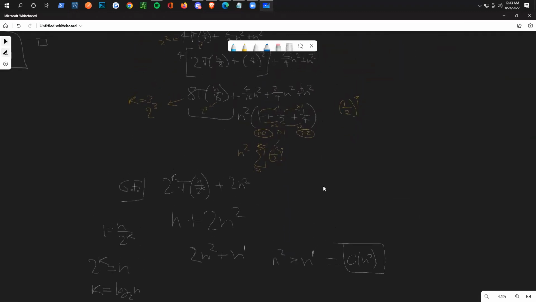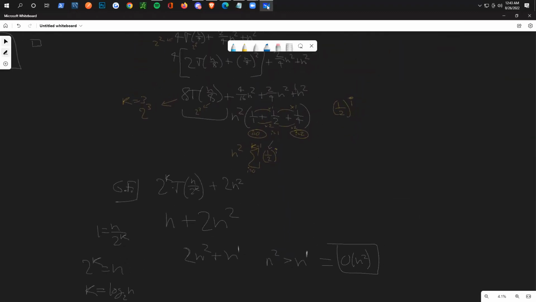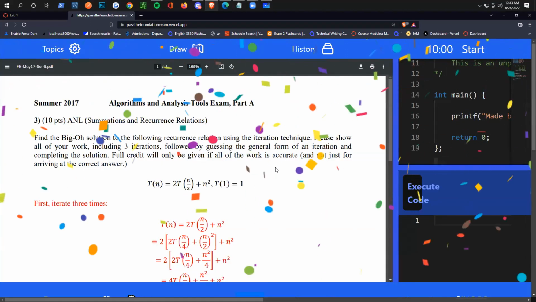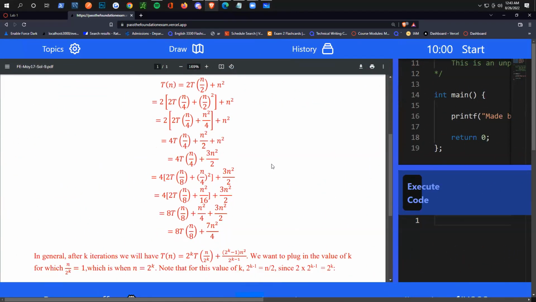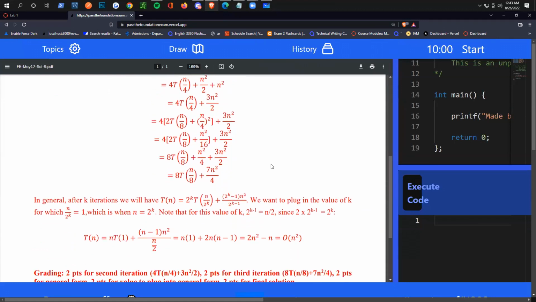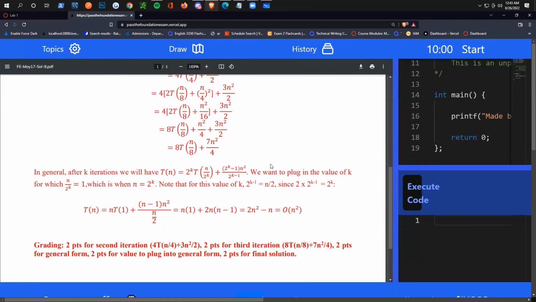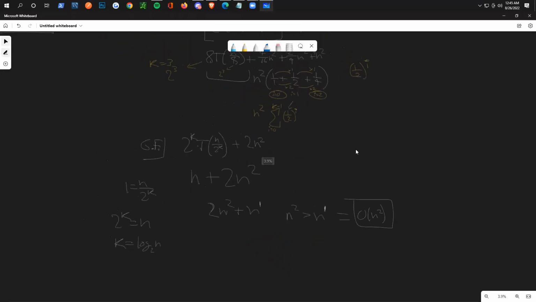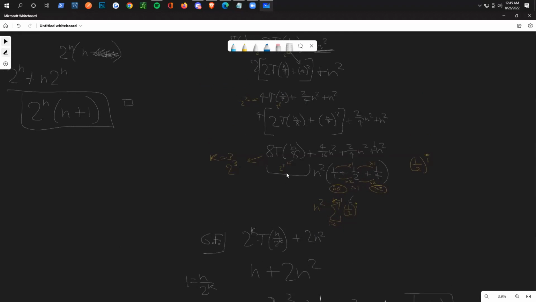So let's check our answer. Yep, so same idea. That's pretty much how I do my recurrence relations.